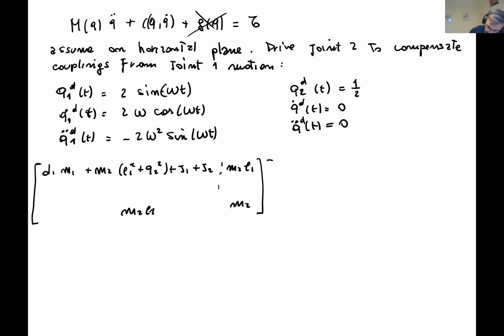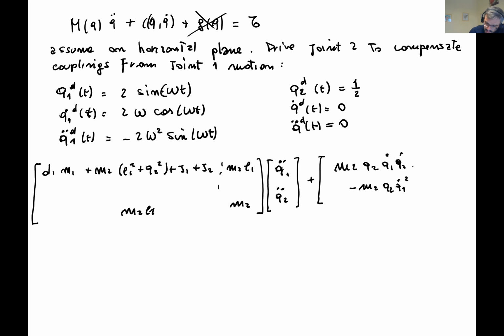This is the inertia matrix multiplied by the vector of joint accelerations, plus the Coriolis term, which remains M2 Q2 Q1 dot squared, and this is driven by the vector of joint coordinates.